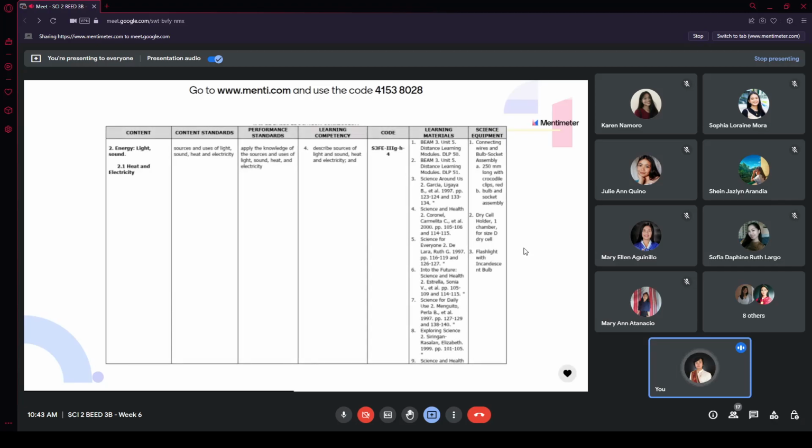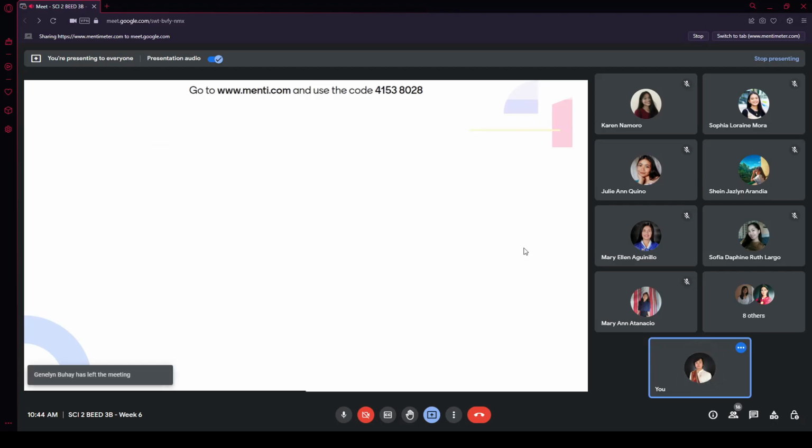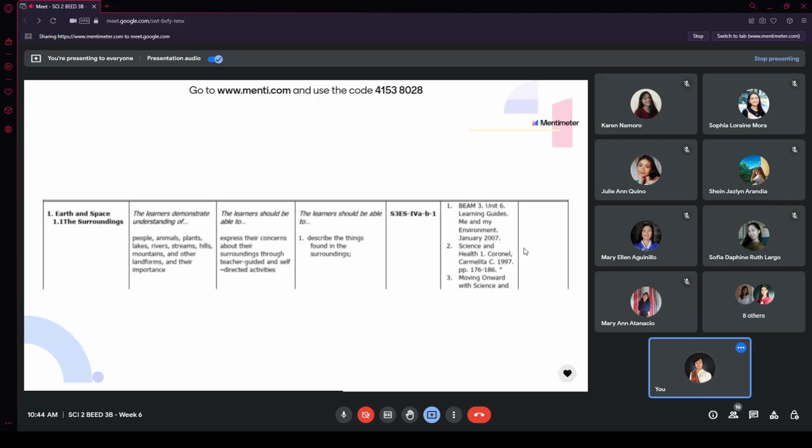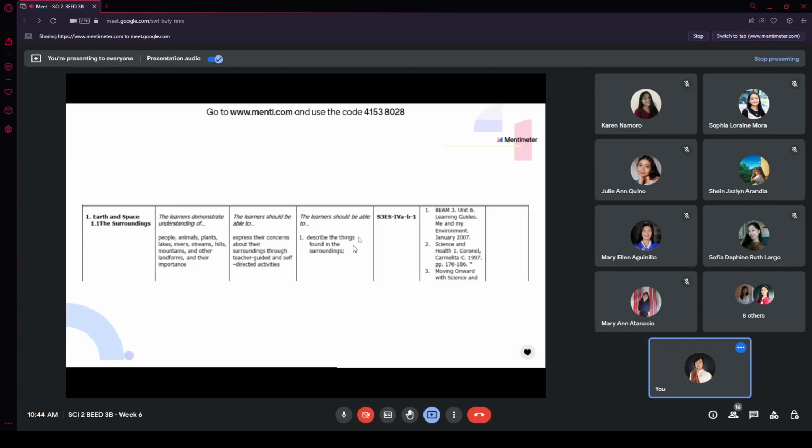Then what else? So sources of light, sound, and heat and electricity. I think we're also all familiar here, right? No need for separate discussion. Enumerate uses of light, sound, heat, and electricity. Okay, yeah.